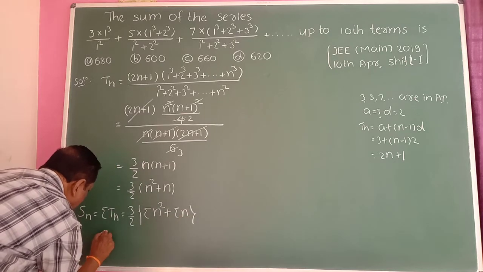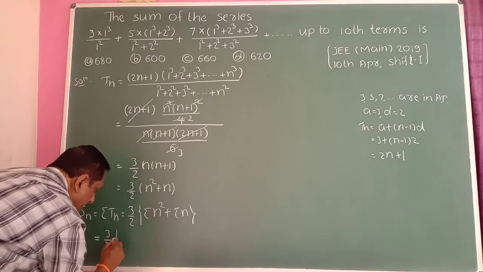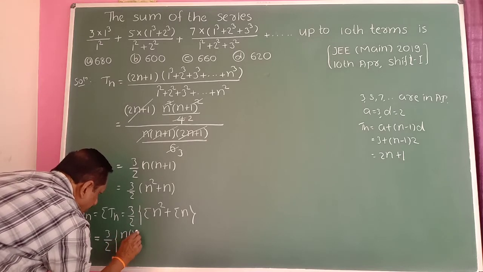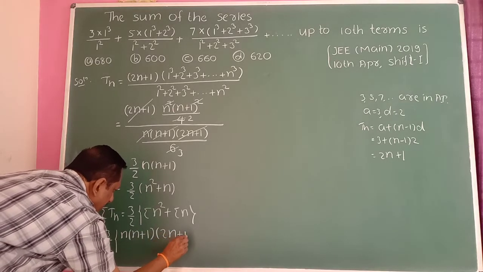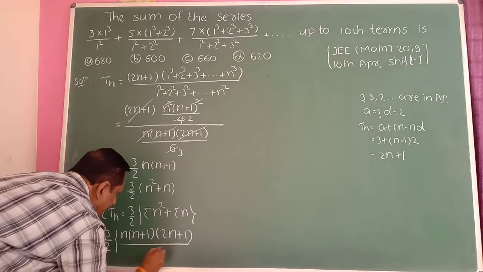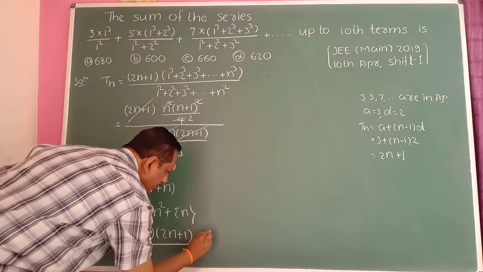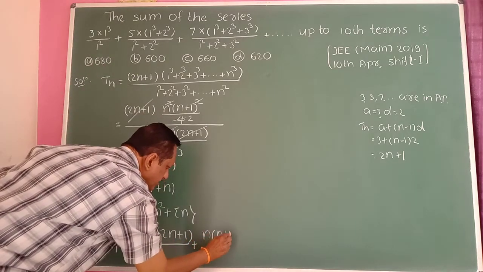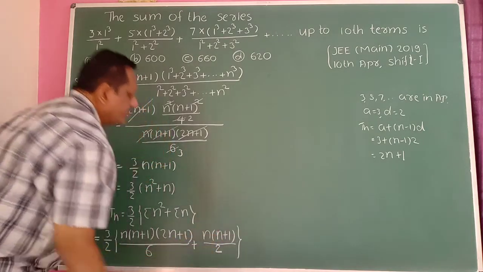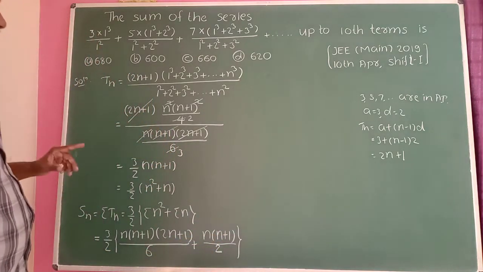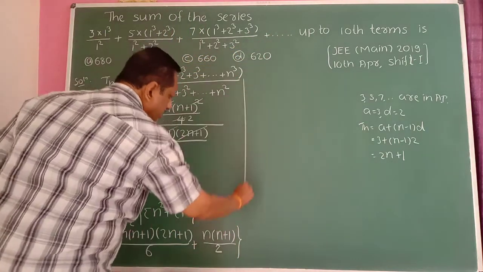Therefore, this is equal to 3 divided by 2 into summation of n square, formula n into n plus 1 into 2n plus 1 divided by 6, then plus summation of n is n into n plus 1 divided by 2. Therefore, here we want up to the 10th term, the sum of 10 terms.